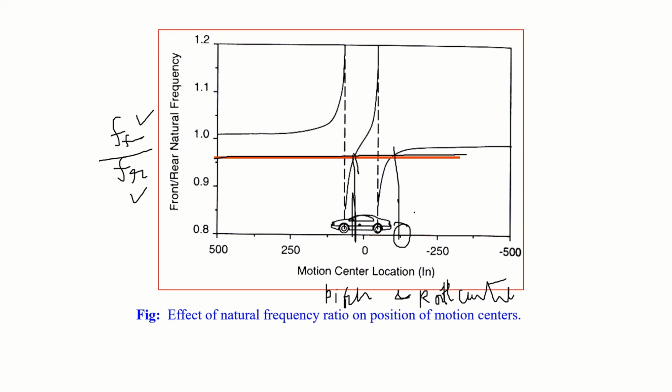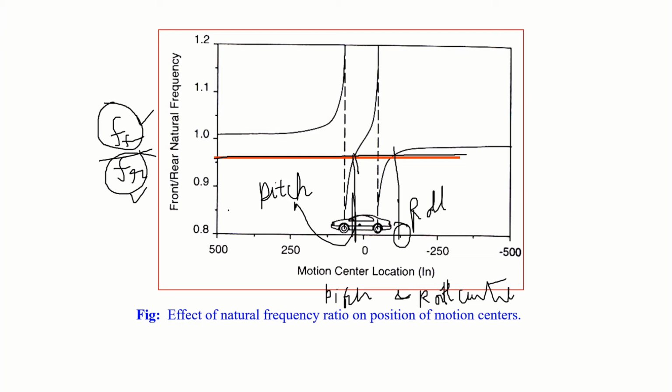So this is where you get the bounce center, and this is where you get the pitch center. So to get the bounce center beyond the center of gravity and the pitch center within the wheelbase and ahead of the center of gravity, the natural frequency of the front ride rate must be less than the rear ride rate frequency. Then only we can have this.